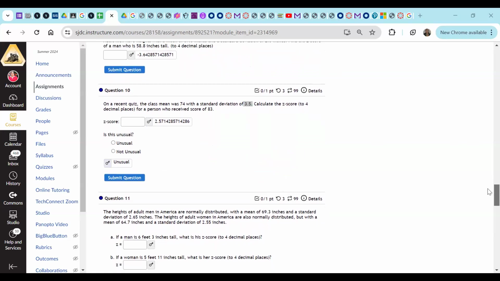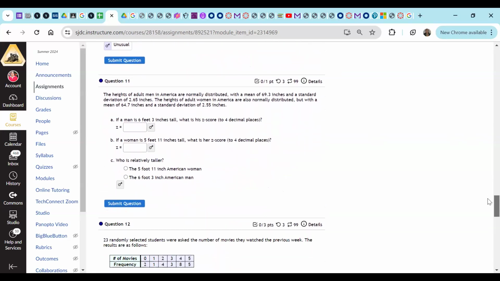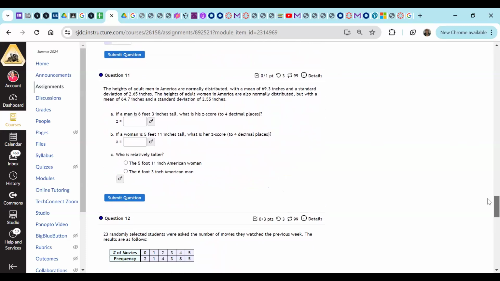Taking us forward here, the height of adult men in America are normally distributed with a mean of 69.3 and standard deviation of 2.65. The height of adult women in America are also normally distributed with a mean of 64.7 and standard deviation of 2.55. If a man is 6'3", 6'3" means 75 inches.